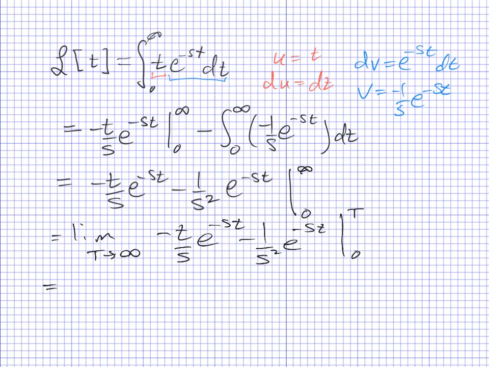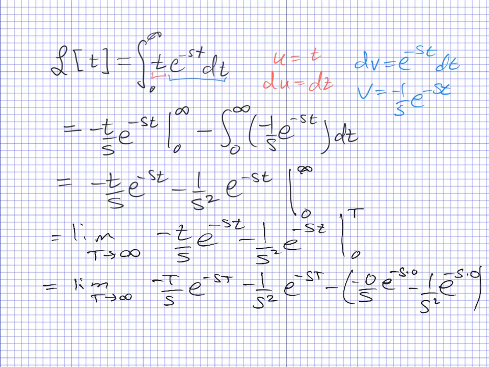And we now go ahead and evaluate this. Limit t goes to infinity of negative capital T over s e to negative s times capital T minus 1 over s squared e to the negative s times capital T, and then minus, when we evaluate at 0, negative 0 over s e to negative s times 0, and then minus 1 over s squared e to negative s times 0.